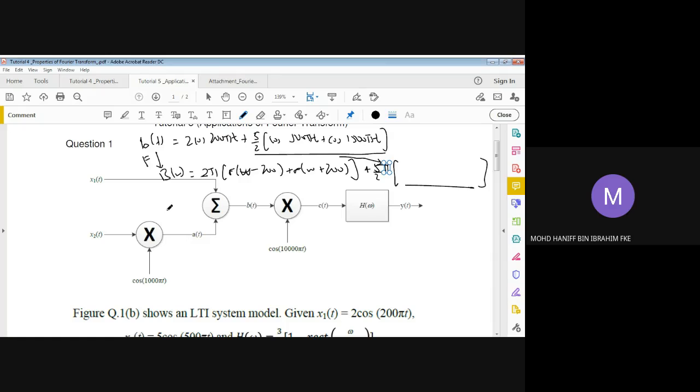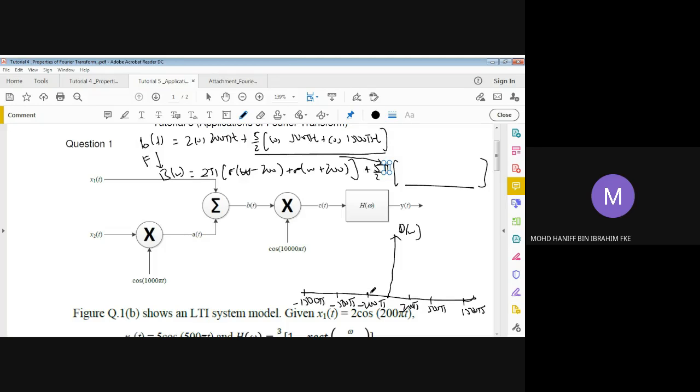Okay, so for the B omega, if I can sketch it here, that should be your B omega. We're going to have 6 impulses located at negative 200 pi, positive 200 pi, then we have at 500 pi, and also at 1500 pi. The same things happen for negative side. We have at negative 500 pi and also at negative 1500 pi.